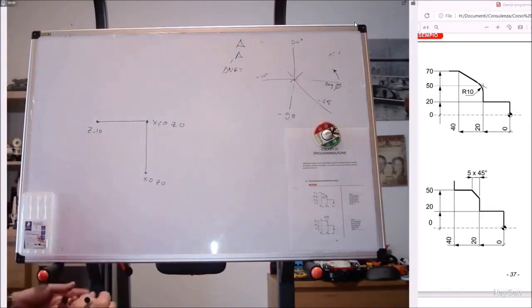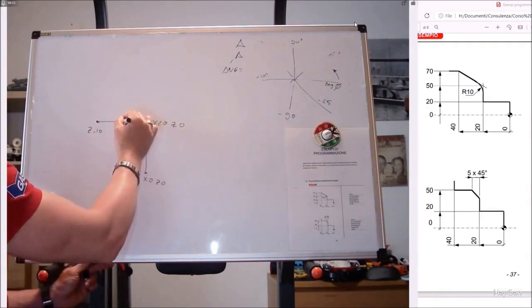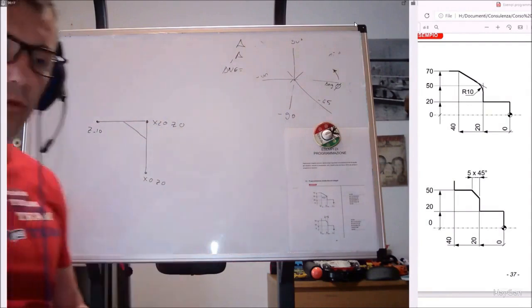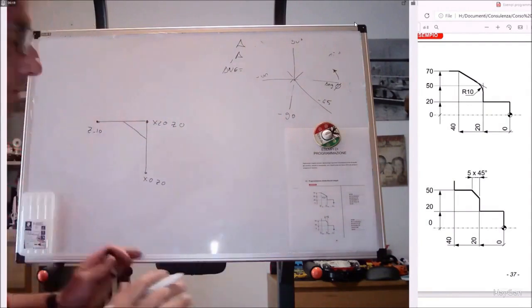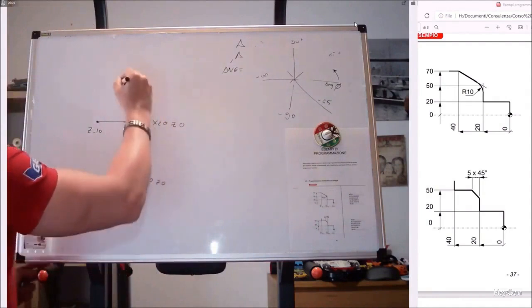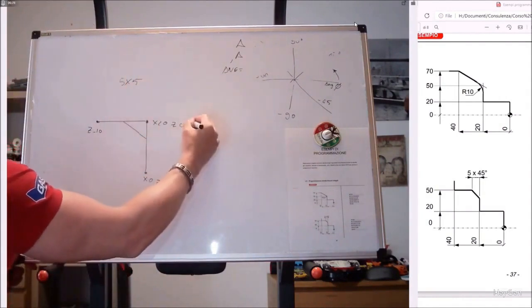Since I want a chamfer of 5x5 here, so it must be a 45-degree chamfer, not slanted, but a chamfer of 1x1, 2x2, in our case 5x5. So I will go here and set it to C5.